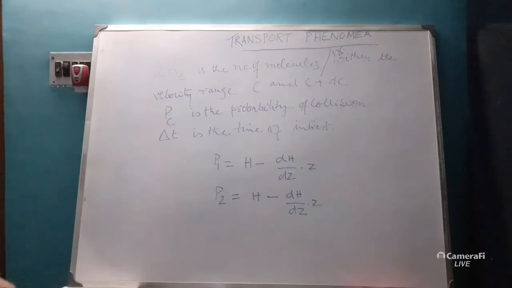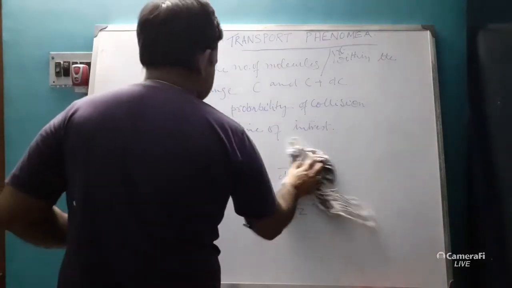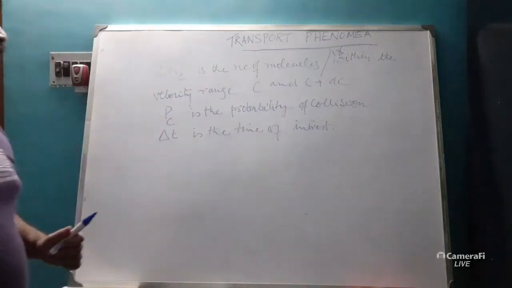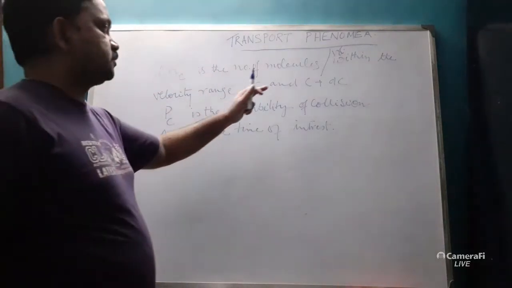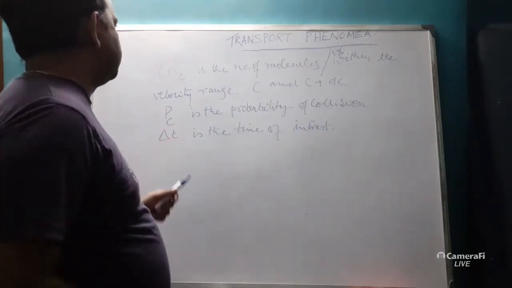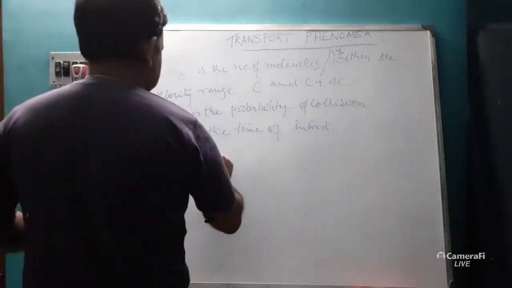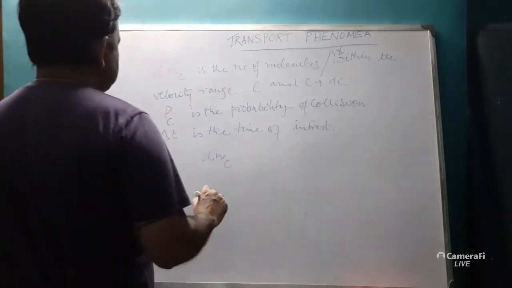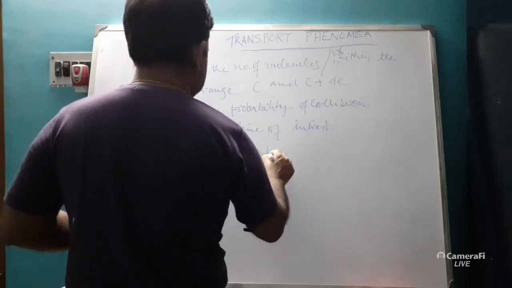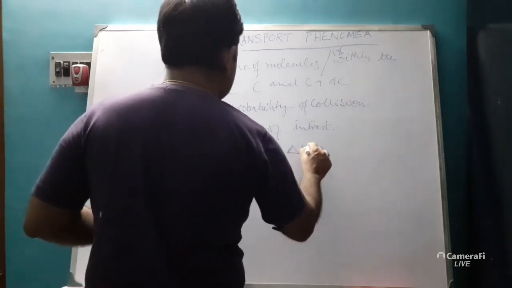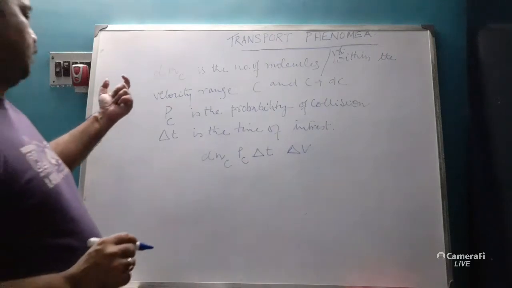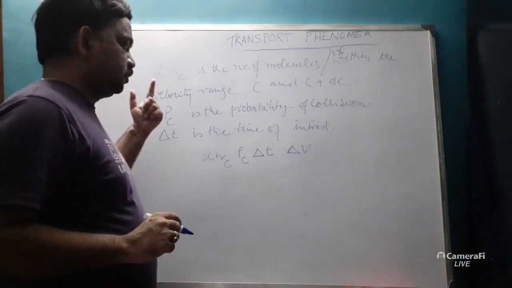So we can write the number of molecules that are moving in the velocity range c and c plus dc with the collision probability of Pc in time dt is dNc Pc del t into del V. Obviously, del V is the volume that is taken under consideration in this case.